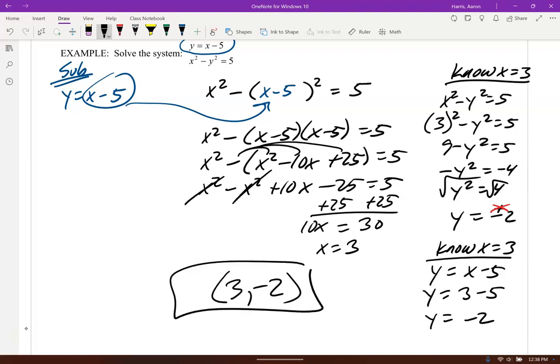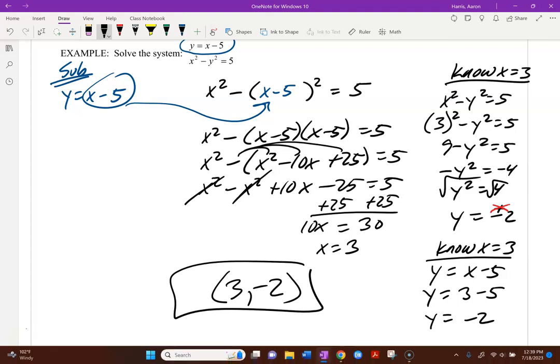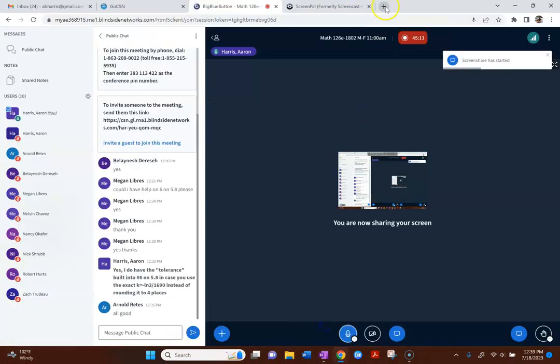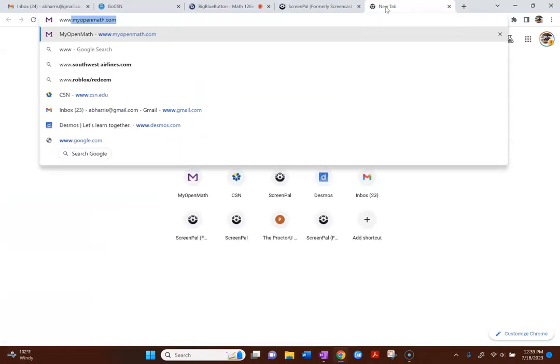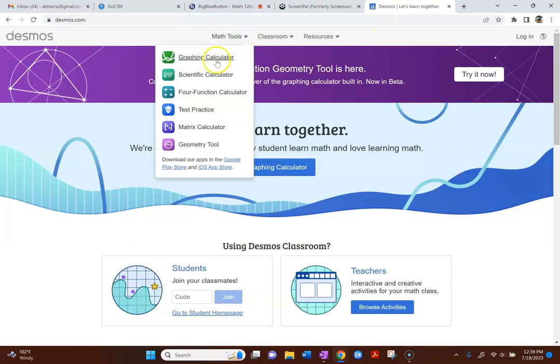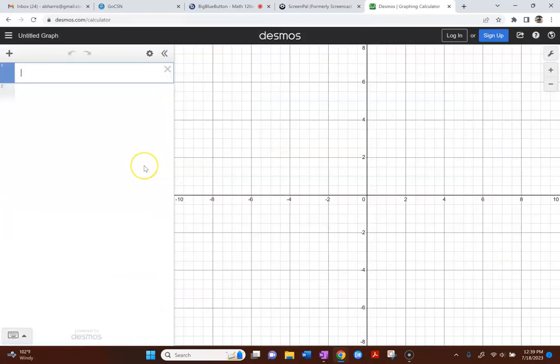Okay. Visually, what's going on, again, I'm not expecting you to know what this looks like visually, because one of these is a hyperbola, the other one's a line. The line would be no issue, but the hyperbola you talk about in your next course. But it is valuable to take a look at both of these visually. Here's the first one, y equals x minus 5. There's our line in red.